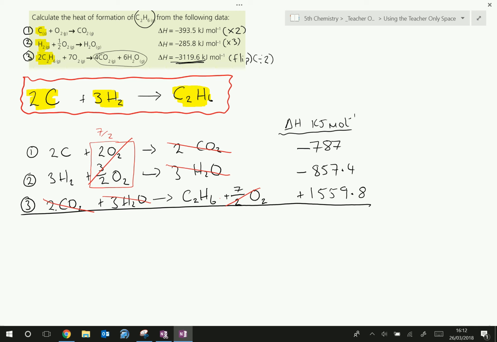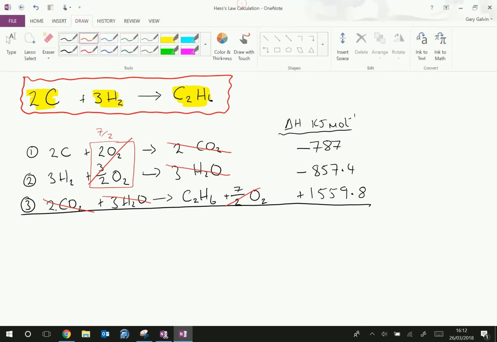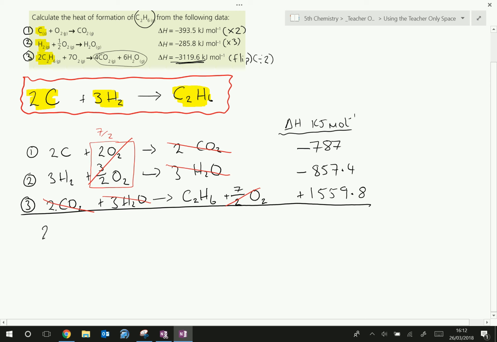And as far as I can see, I have nothing else that I can cancel, so I'm going to write out what I have left. And that is 2 C's and 3 H2s on the left hand side, and on the right hand side I'm left with C2H6. And lo and behold, that perfectly matches our main equation at the top, which is exactly what we wanted.